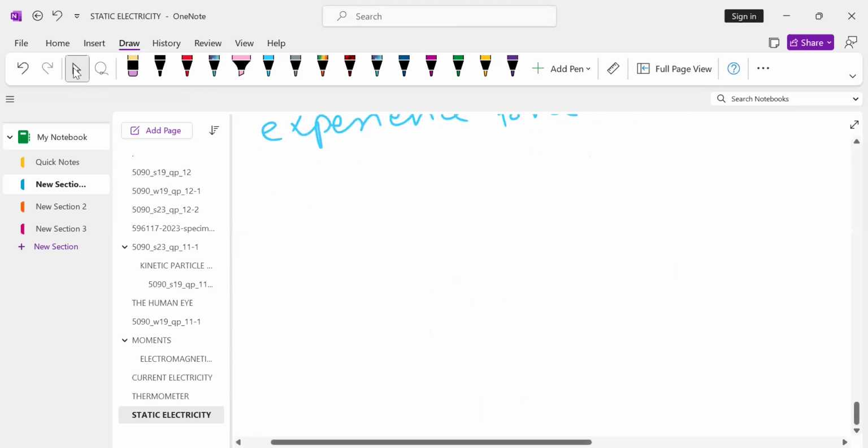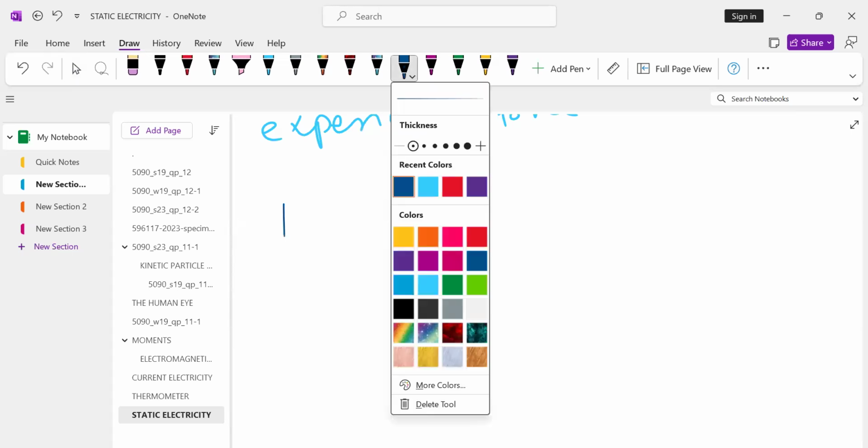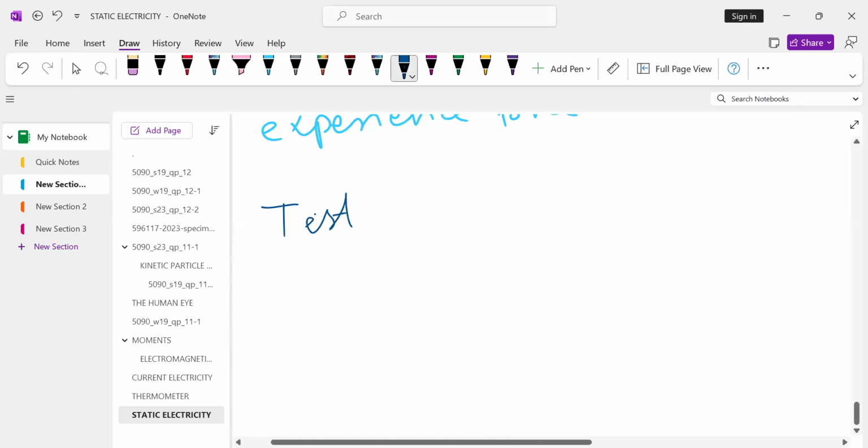To draw the electric field pattern, you need a test charge. A test charge is needed to draw the electric field pattern. The test charge is always positive.